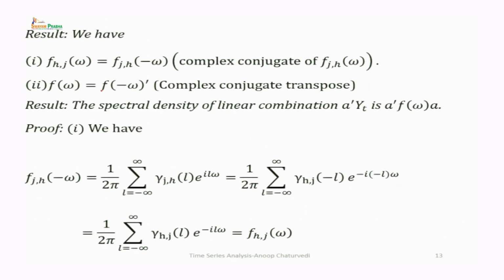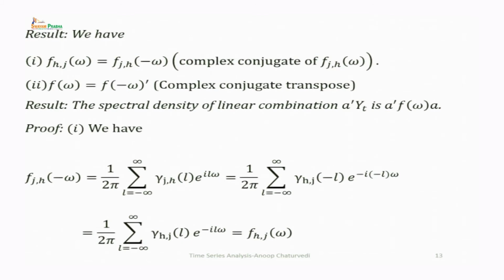So, if you take the transpose of f minus omega, then you get f omega, because f h j omega is equal to f j h minus omega.